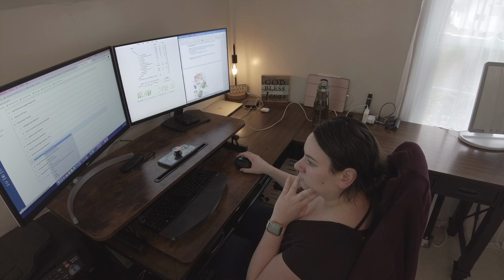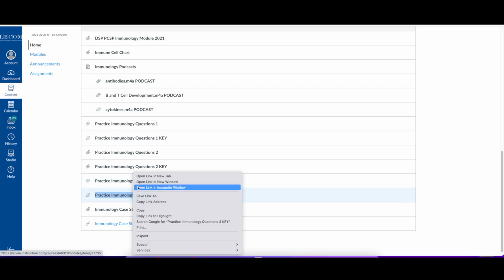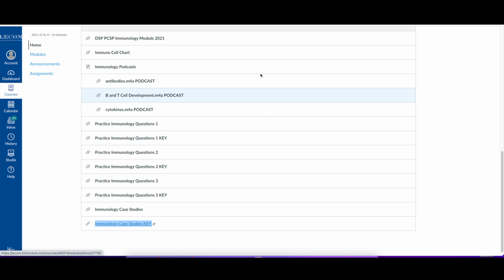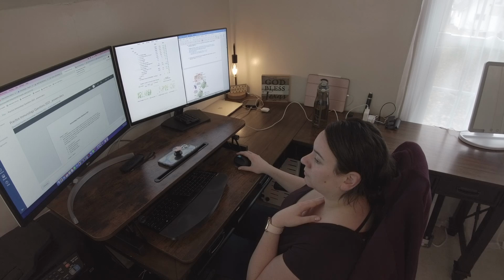Back into immunology today, and with plenty of practice problems to guide my studying. I really love practice problems as a way to focus the material that I work on.